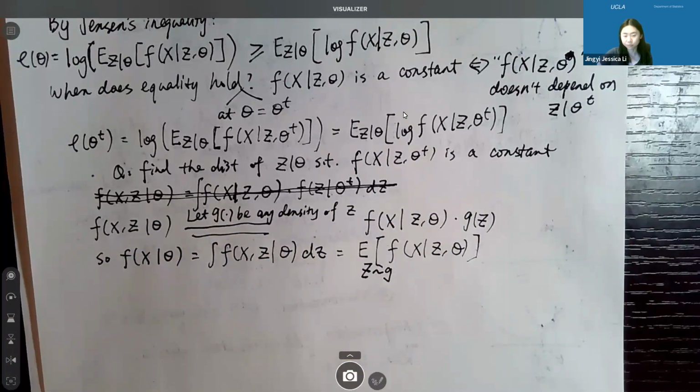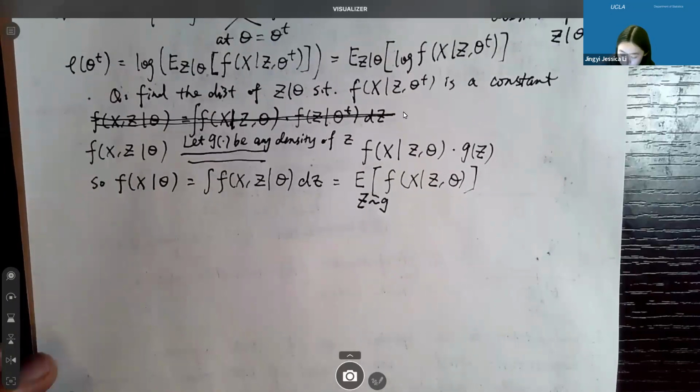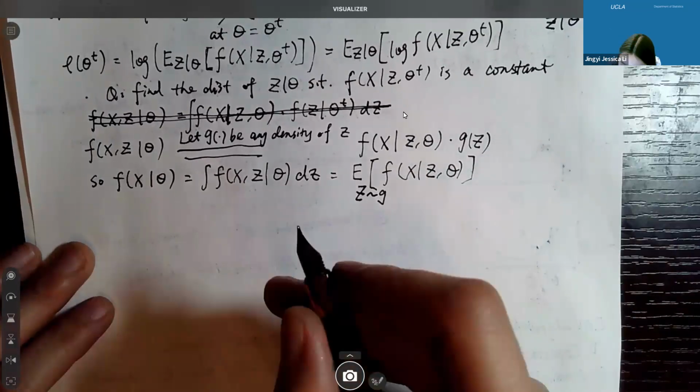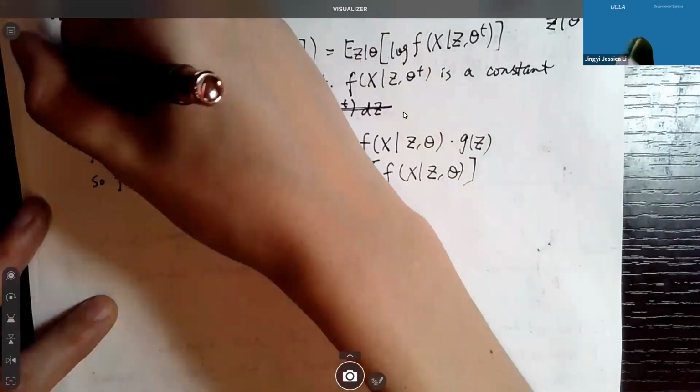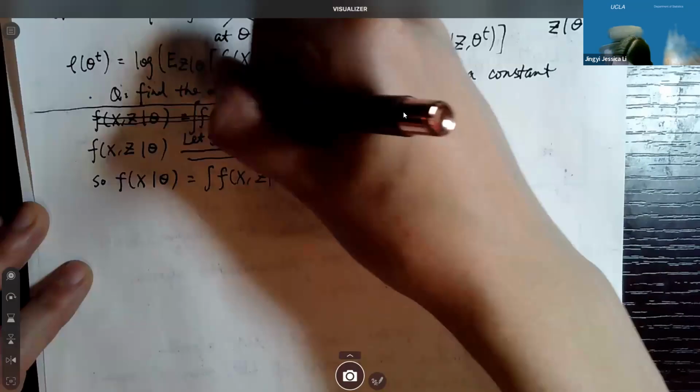Okay, that's what I mean. And then the question is, recall that we are dealing with a log likelihood. So now coming back, probably I can say this is a new start.